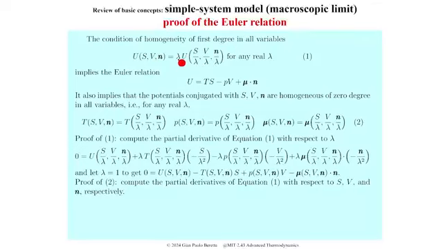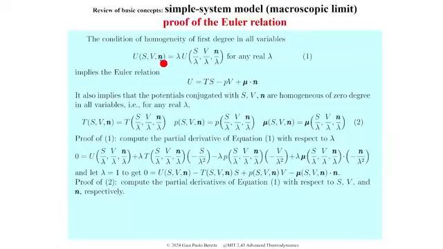And on the right-hand side, it's lambda times u, so it's u plus lambda times the derivative of u with respect to the first variable, which is the temperature, evaluated at the same independent variables, times the derivative of this argument here, that is s over lambda, which does depend on lambda, so the derivative is minus s over lambda squared, and so on for the other derivatives. And here is what you get. Now, in this expression, if you set lambda equal to 1, out comes the Euler relation.